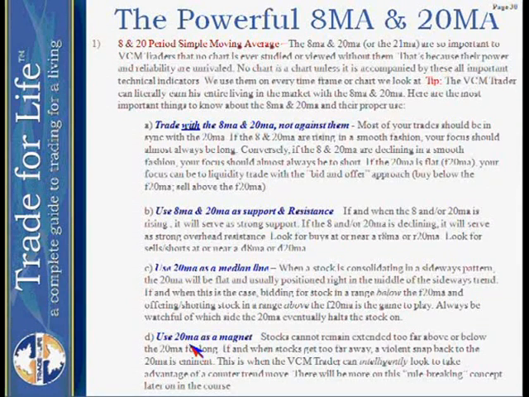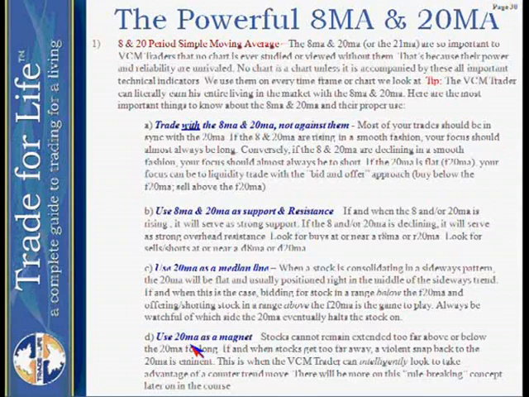All right? Now, the stock can get far behind below the 20, so the stock can drop way below the 20 and the 20 will pull it back up, or the stock can rally way above the 20 and the 20 pulls the stock back in.